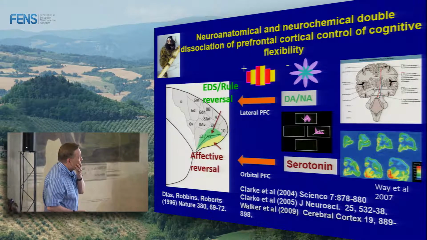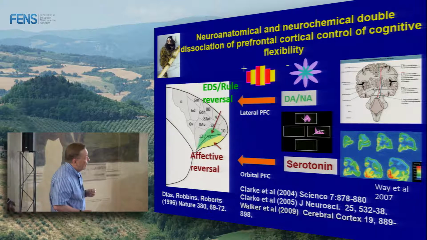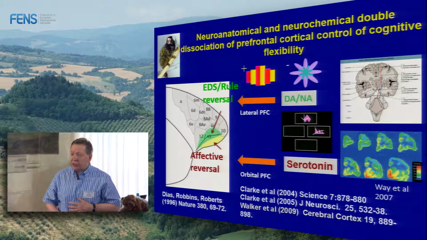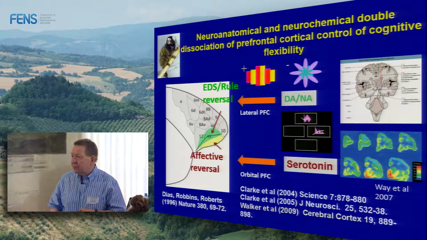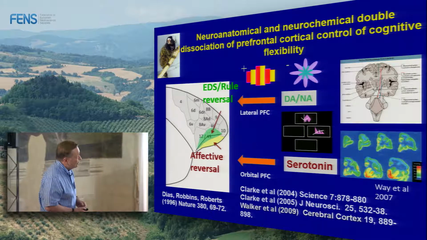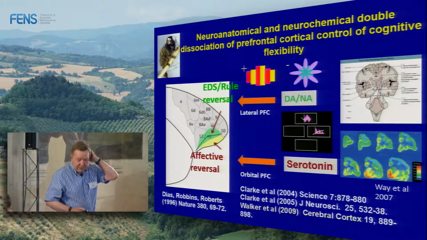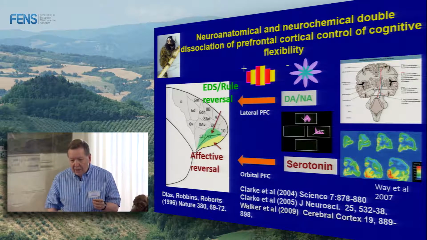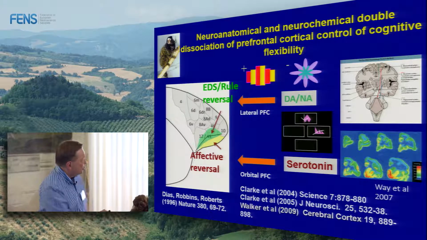Now here's some other evidence, actually from our lab, showing that dopamine, noradrenaline and serotonin have different functions in the frontal cortex in tests of cognitive flexibility. I'm not going to go into this in great detail, but there are several forms of cognitive flexibility. One is measured simply by reversal learning, where you discriminate between two visual stimuli like these.